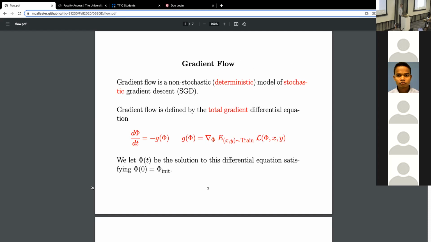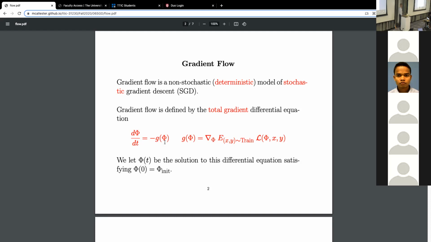Gradient flow is a deterministic differential equation. And it's this differential equation right here. So this is your model parameter. I'm just going to write this down at first. It says that the rate of change of the model parameter over time, continuous time, is equal to the negative gradient of the loss function.